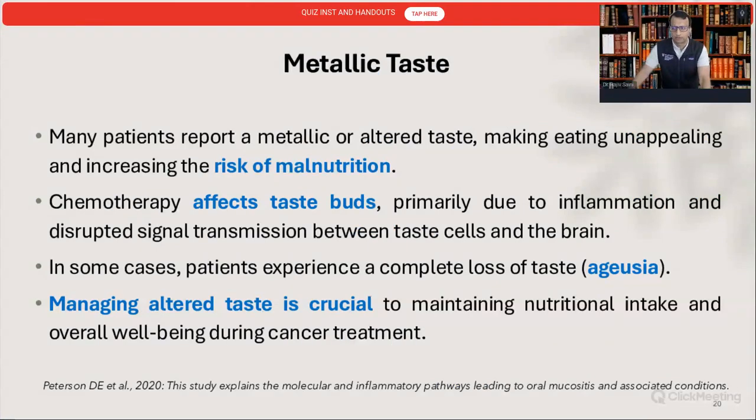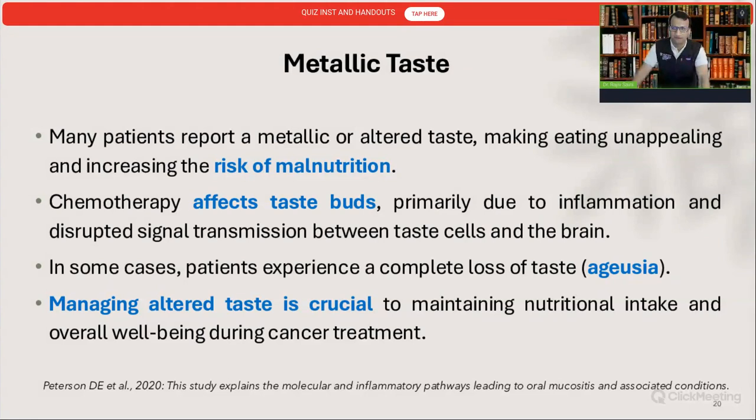The third very important situation related to the side effects of cancer treatment is metallic taste. I have seen from friends of friends and different relatives that the patient reports a very metallic taste, somewhat like alkaline in the mouth.